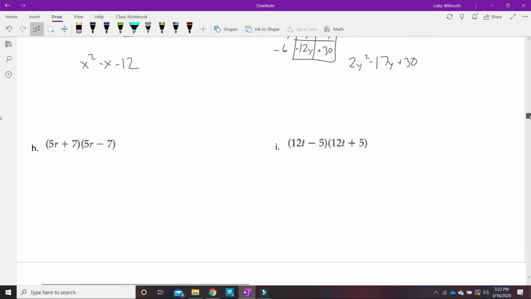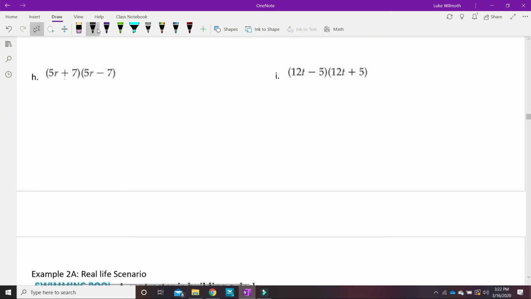Okay, and we got two more examples. I told you some weird stuff happened on these ones. The weird thing is going to happen because do you notice that these are almost the exact same, except there's just a different sign here? It just makes the answer a little bit weird. So we're going to do 5r plus 7 and 5r minus 7.